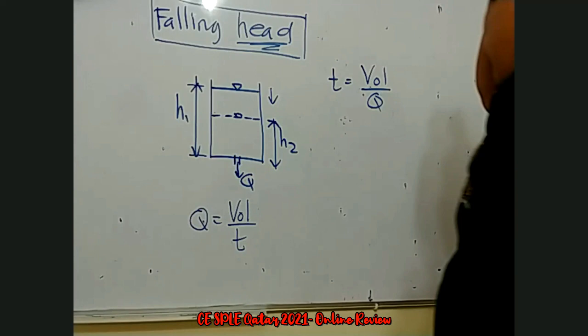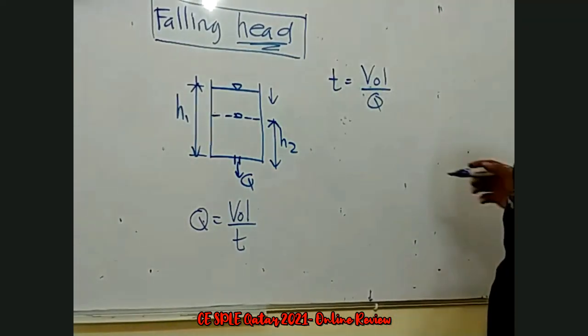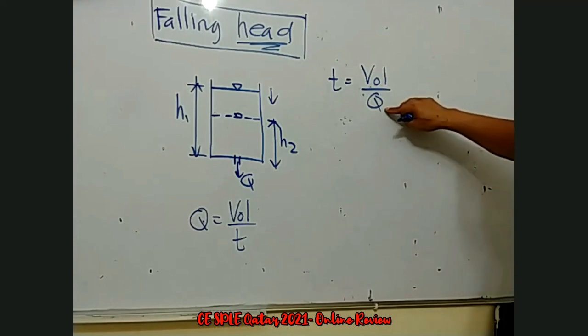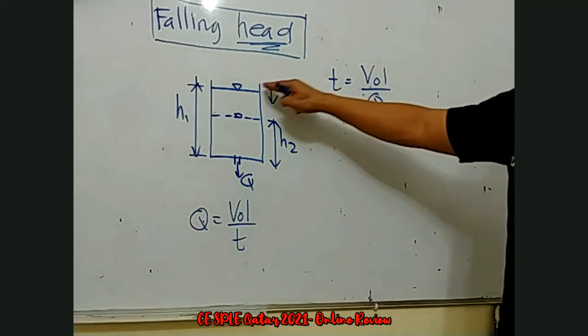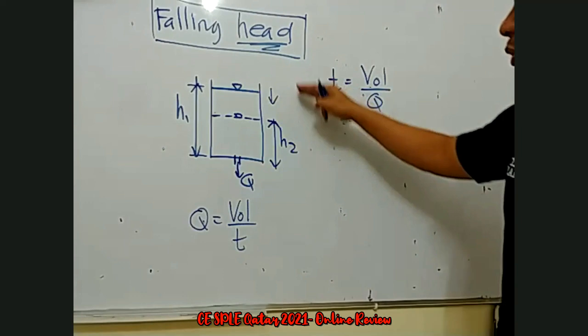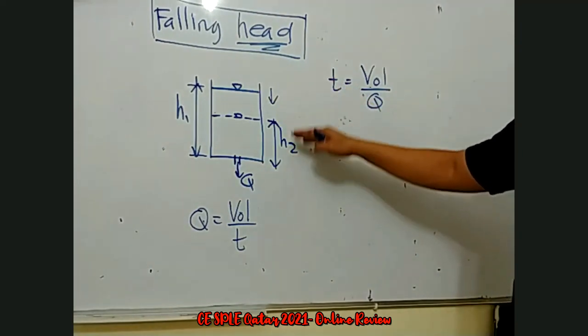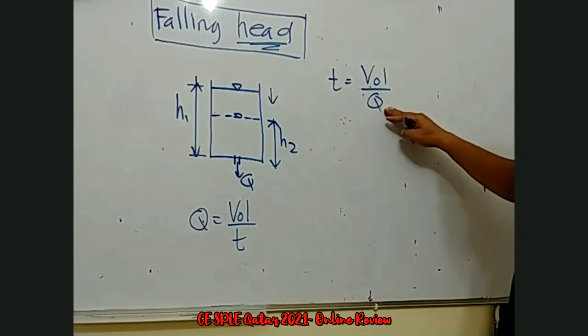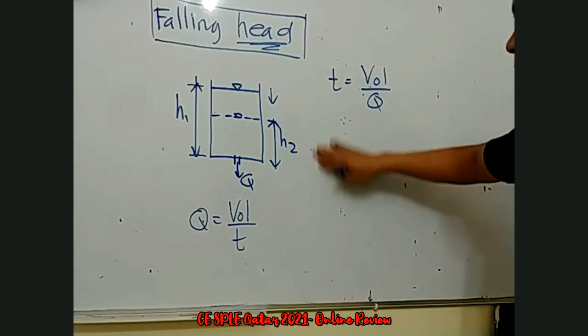Ngayon, sometimes ang ginagamit sa mga reviewer, nakita niyo gumagamit ng average Q. Q at H1 is a certain level, then Q at H2 at a certain level, then take the average. Pwede rin, no? In terms of average.